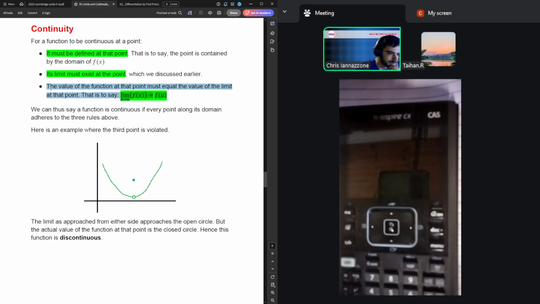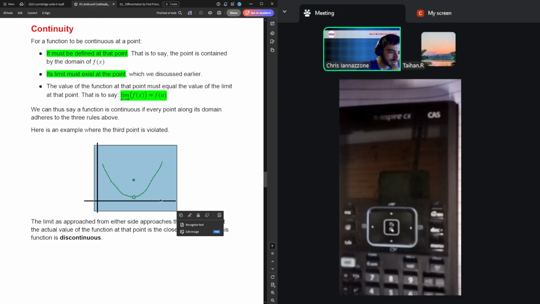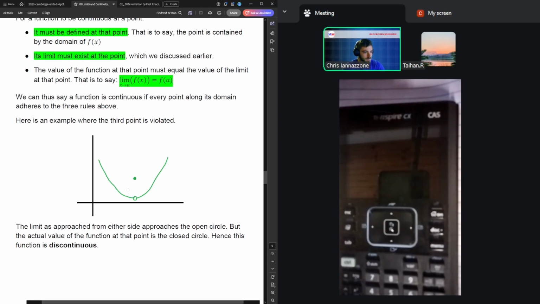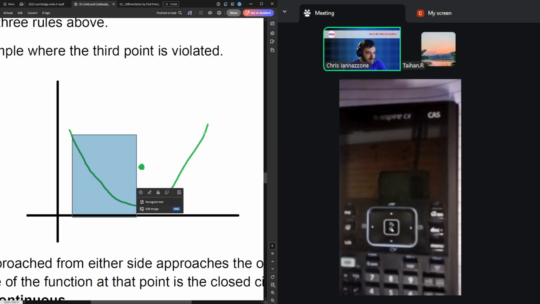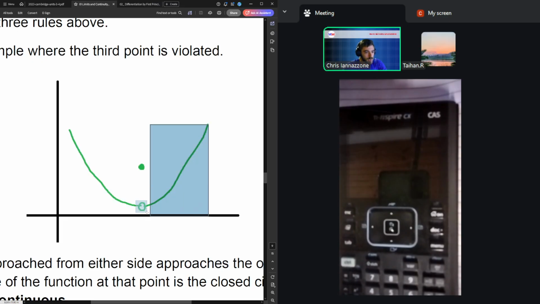The last one is the weirdest worded one. Basically what they're saying is the limit needs to be the same as the value at that spot. To give you a basic example of when it's violated, it will be something like this, where if you come from the left and you come from the right, both of those are tending towards this spot here.